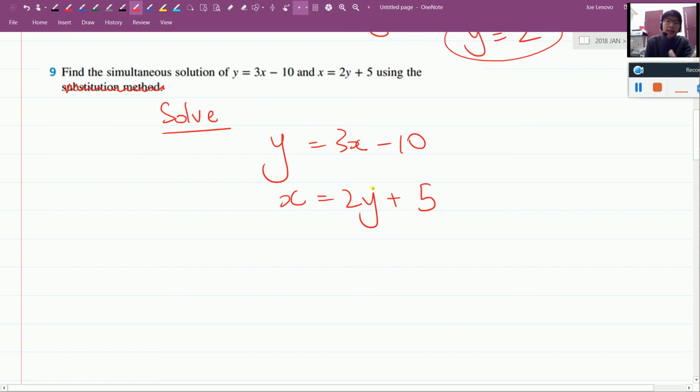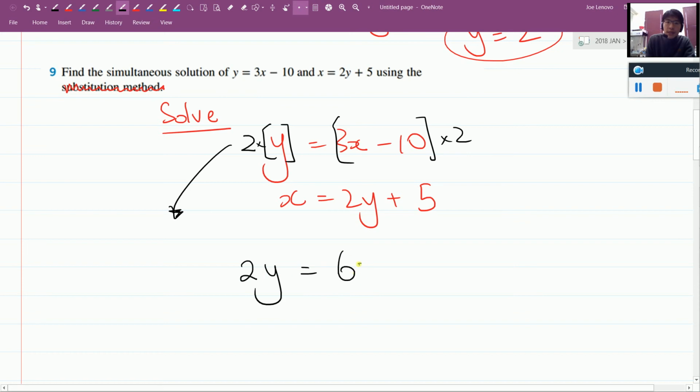By looking at this, I'd like to cancel the y. It seems a bit faster to me. I multiply the first equation by 2, which gives 2y equals 6x minus 20.